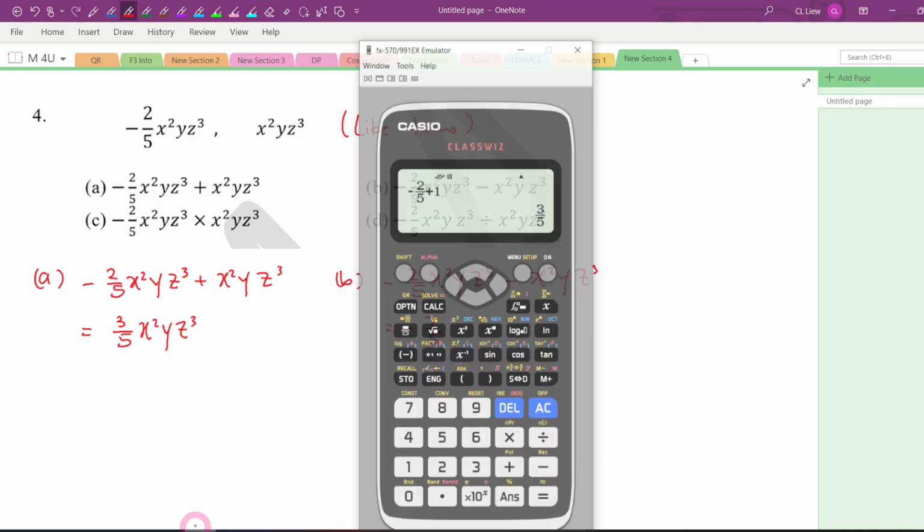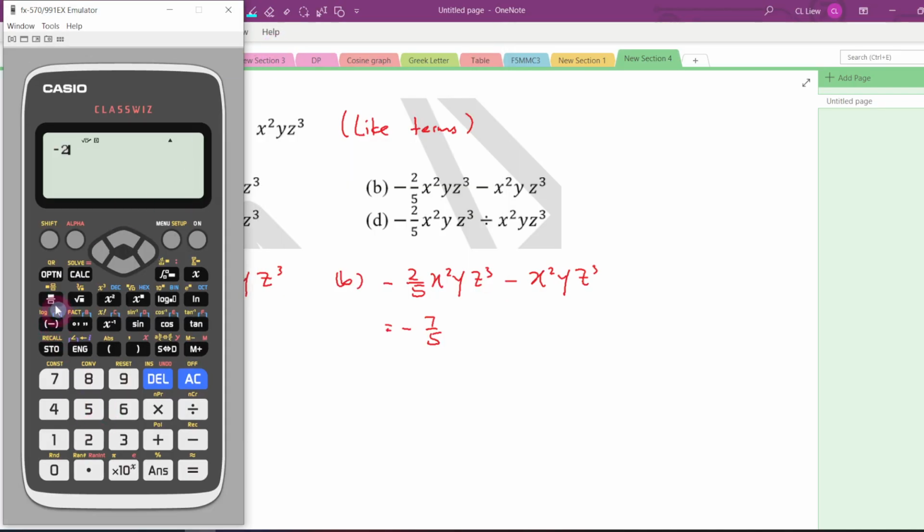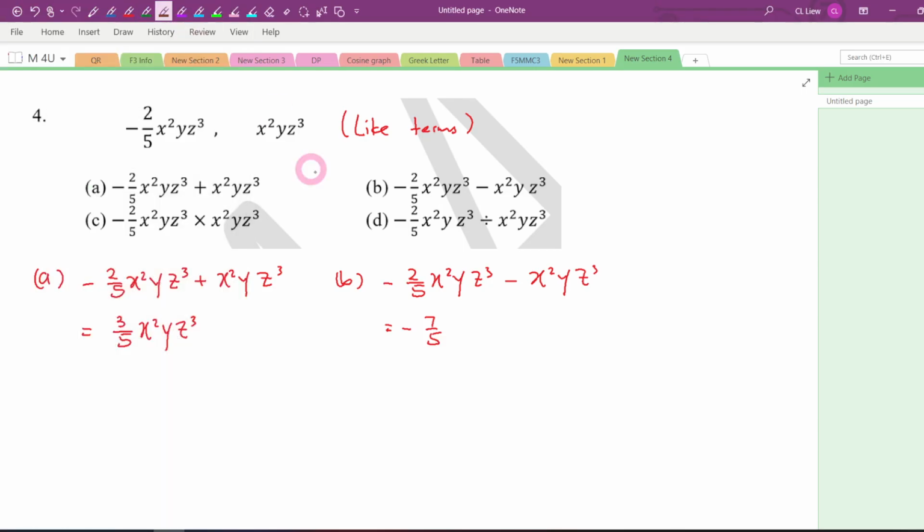Okay, let me double check. Negative 2 over 5 minus 1. Yes, negative 7 over 5. For the variable part, we just copy x squared y z cubed. So you'll notice that for addition and subtraction, the variable part doesn't change. The whole thing, you just need to copy it.